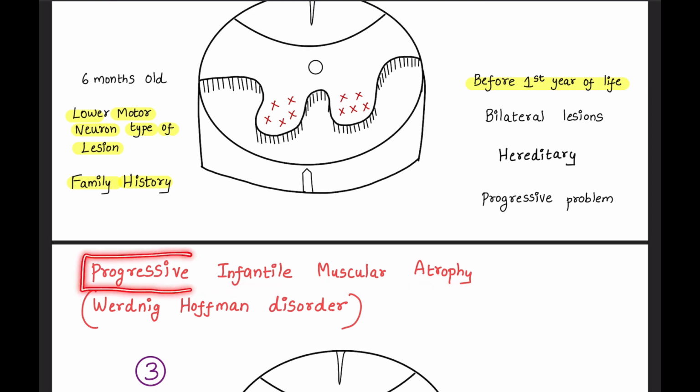Progressive, because of the worsening of the condition in this patient. Infantile, since the patient is below 1 year of age. And muscular atrophy, because the lesions are in the anterior horn, so they affect the lower motor neurons. If the lower motor neurons are affected, then there will be muscle atrophy.